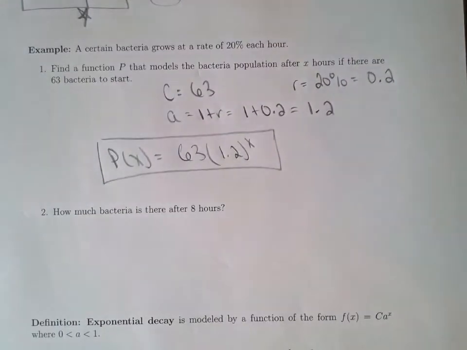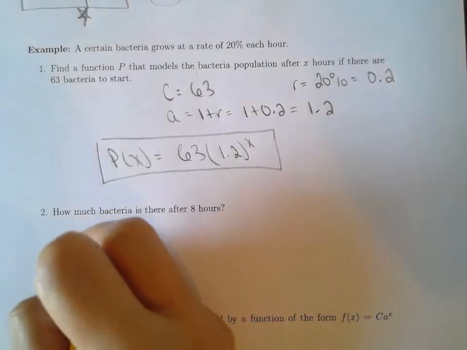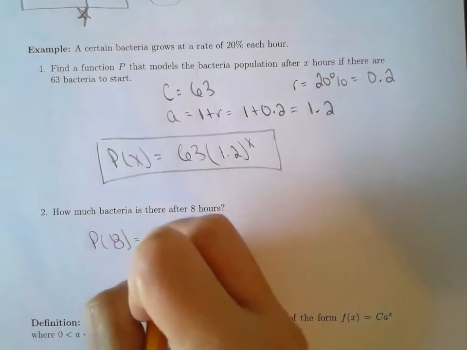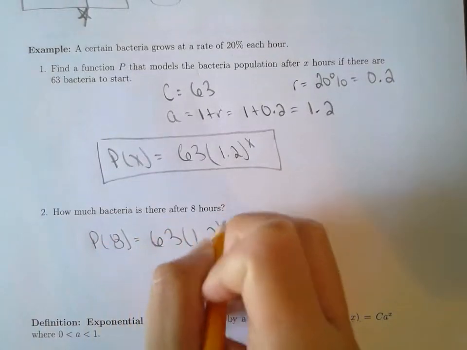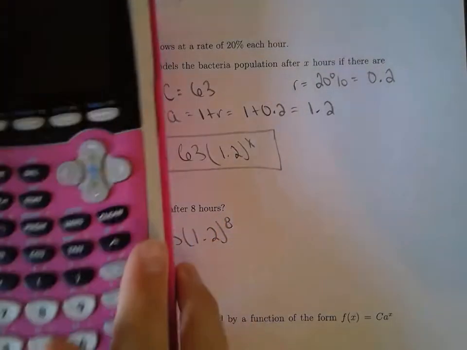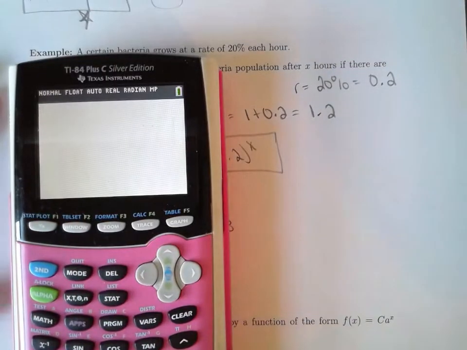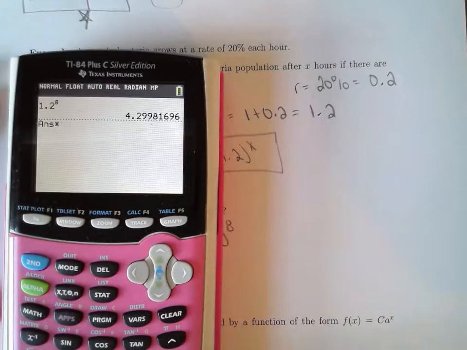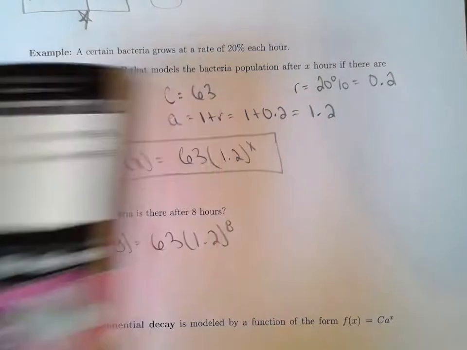Okay, number 2, how much bacteria is there after 8 hours? So we want to do p(8). So that's 63 times 1.2 to the 8th. Remember your order of operations, you always want to do exponents first. So 1.2 to the 8th times 63. Let me check that. Yeah.